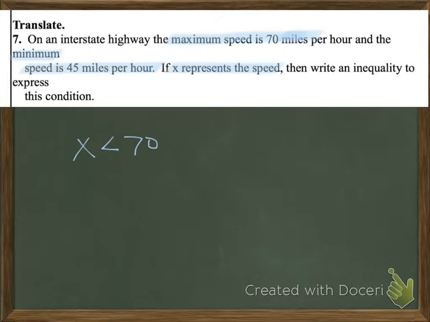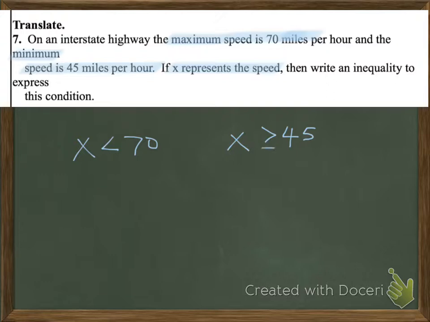If I have a minimum speed of 45 miles per hour, that means x has to be what? Yeah, greater, because 45 is the lowest you can go. Now look, this is an and situation, okay? The way you can look at this is when you're driving on the highway, you have to go 45 miles per hour or faster.